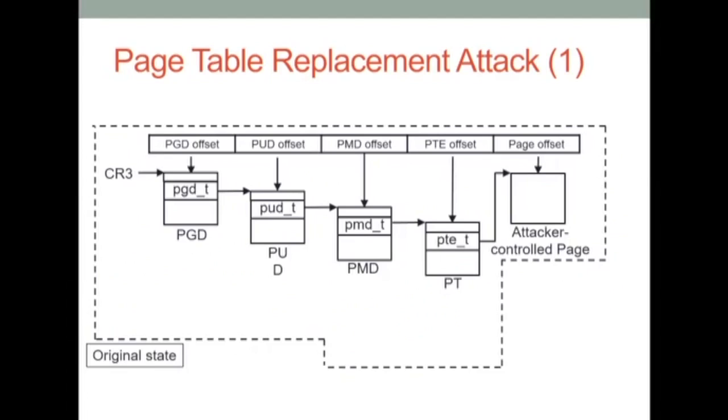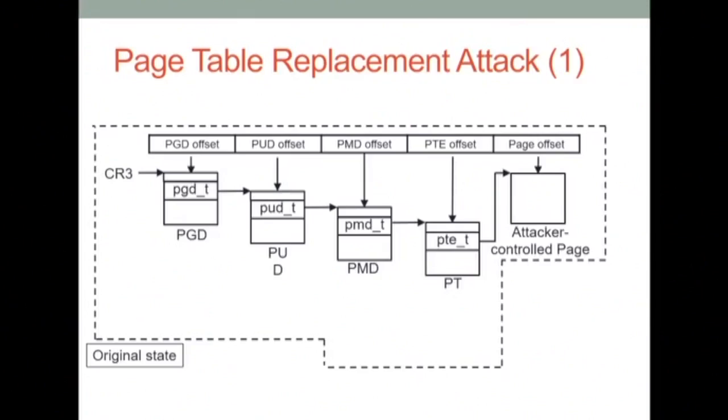So, how do we exploit the Rollhammer attacks to break the isolation enforced by the Xen memory management? Well, we showed that we can conduct a page table replacement attack. Here, I'm showing a page table that is within the guest kernel address space.